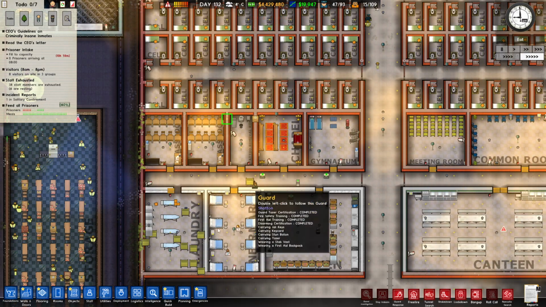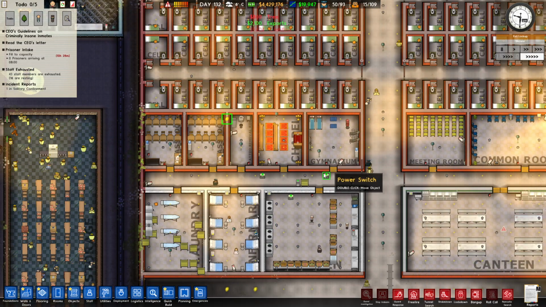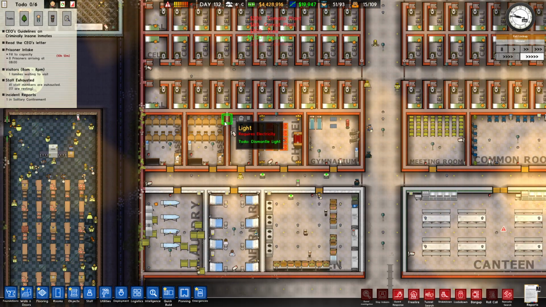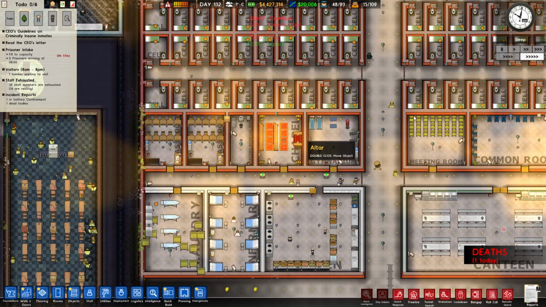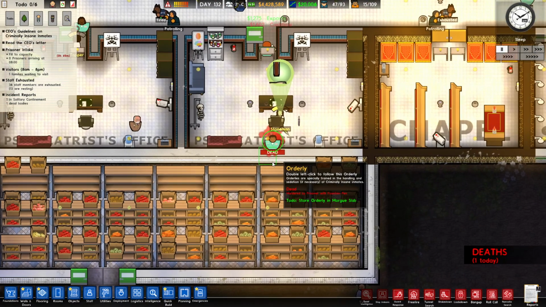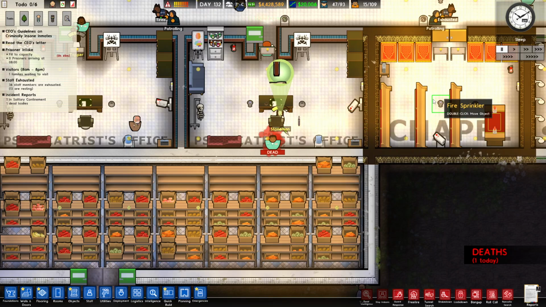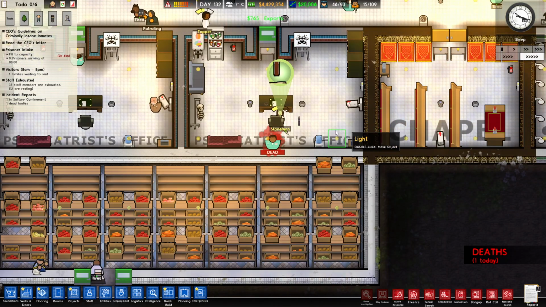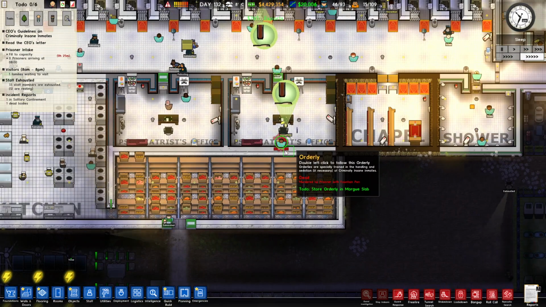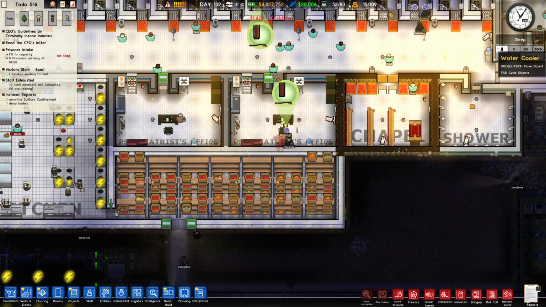Is this the one that's controlling the tattoo room in the first place? It could be. Oh, somebody's died. What's happened? An orderly's died. Did I put first aid in here? Yeah, I did. Is nobody going to treat them? These can be resuscitated sometimes. Nope, they're not going to get resuscitated.